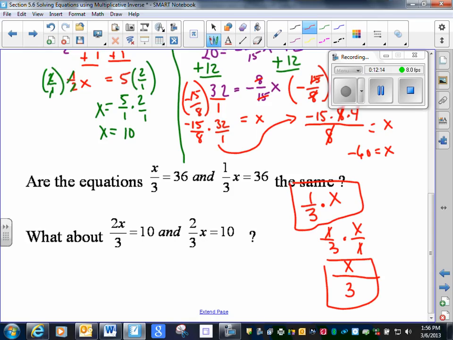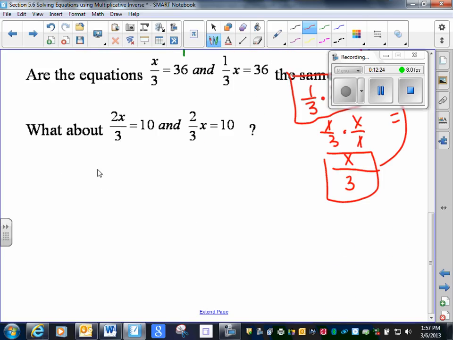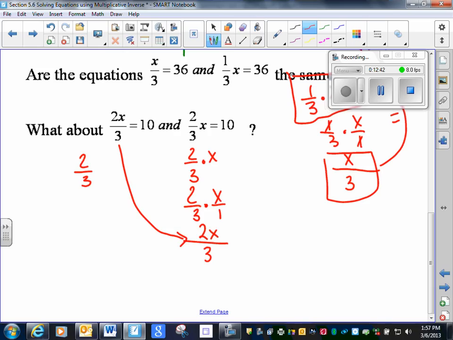So 1/3 in front of the x is equal to the same thing as x divided by 3 with a single fraction bar. And this is another example. If you think about what 2/3 times x really means, it means 2 over 3 times x over 1, single fraction bar, 2x over 3, which is this guy right here, 2x over 3. So they look different, but they represent the same value.